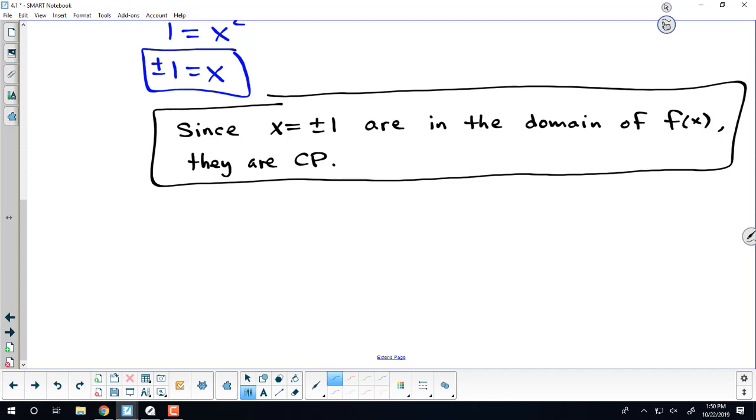So do those two critical points correspond to a local maximum or local minimum? There's no way for us to know. We just know that if there is going to be a local maximum or a local minimum, then those are our choices, those are our candidates.